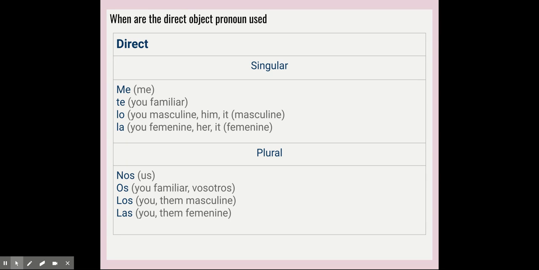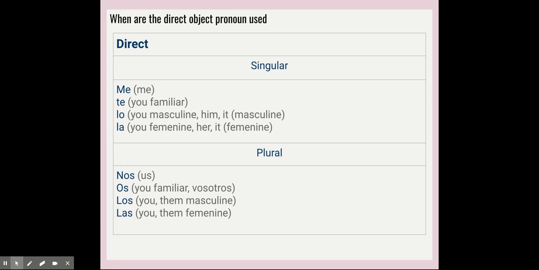Me for me, te for you, familiar, in this case tú. Then lo, it could be usted, masculine, him, it, and then la is you, feminine, usted, femenina, her, it, feminine.